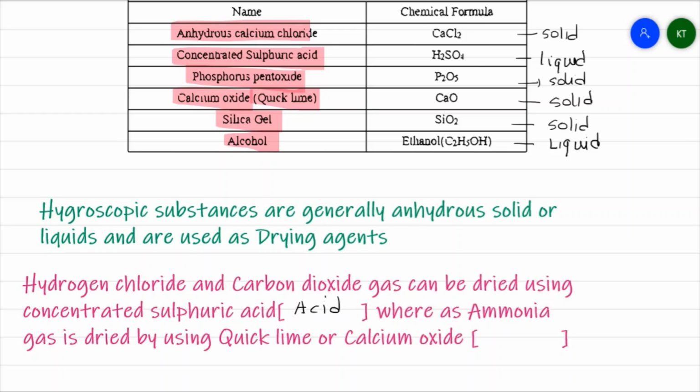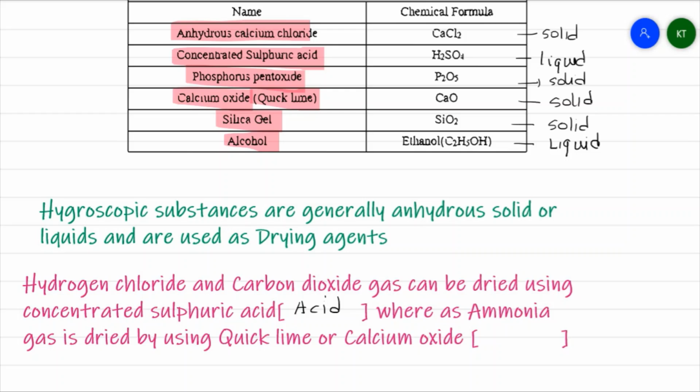So hydrogen chloride gas and carbon dioxide gas, both acidic in nature, can be dried using concentrated sulfuric acid. Now, ammonia is a basic gas, so I cannot use acid there. I cannot use concentrated H2SO4 to dry ammonia gas because it will react.